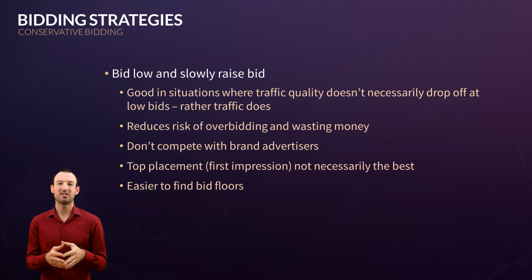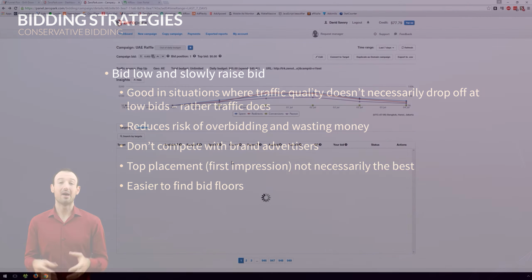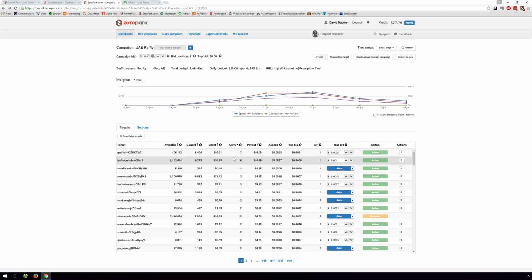Now, this is good in situations where the traffic quality doesn't necessarily drop off when you bid low, just the amount of traffic does. There's a reasonable amount spread across a number of placements, but having this run-of-networks situation means I was rapidly running out of runway in terms of my patience.